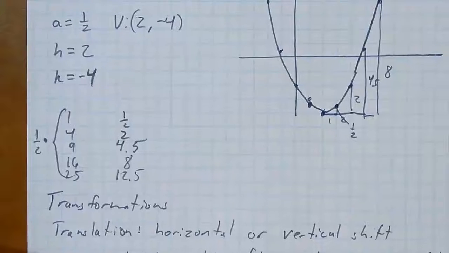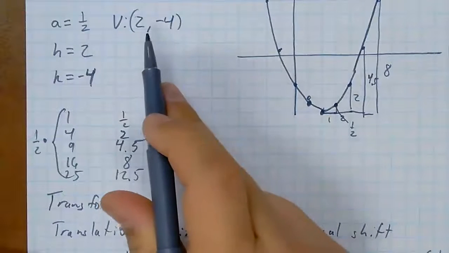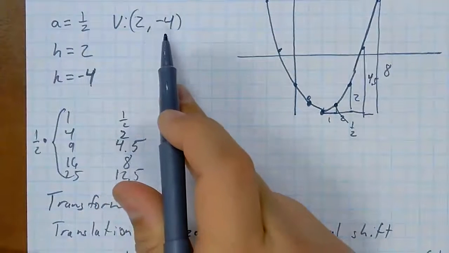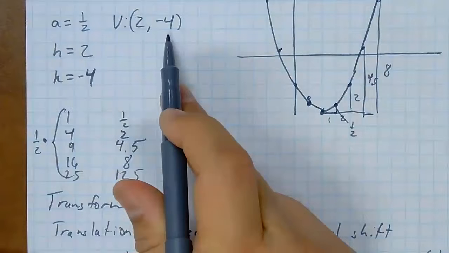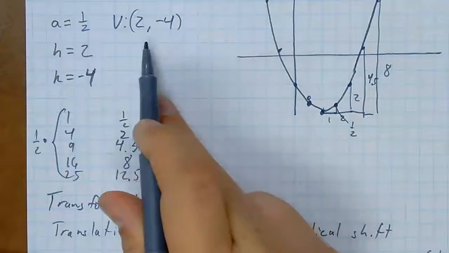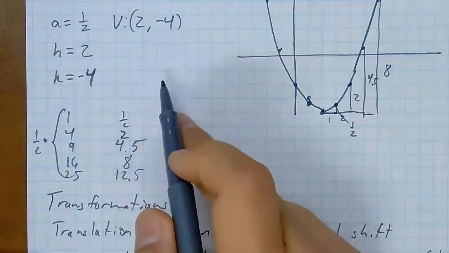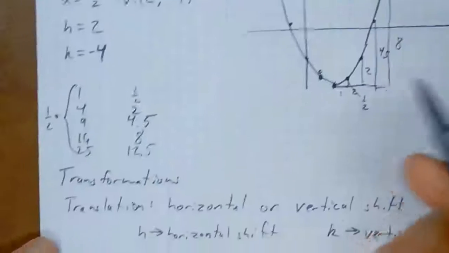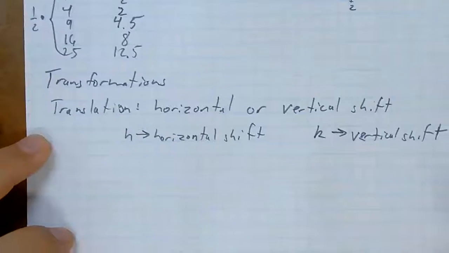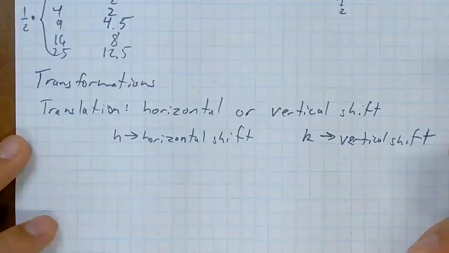So in this previous example, we have a horizontal shift of 2 and a vertical shift of -4. Okay, so you can shift right 2 and down 4. Okay. That's the first one. That's probably the easiest one to understand.